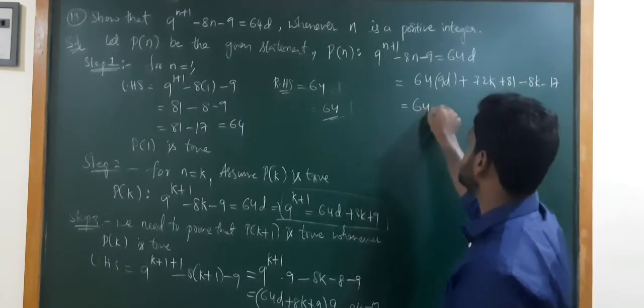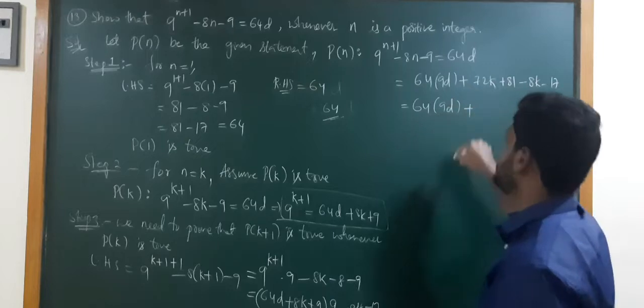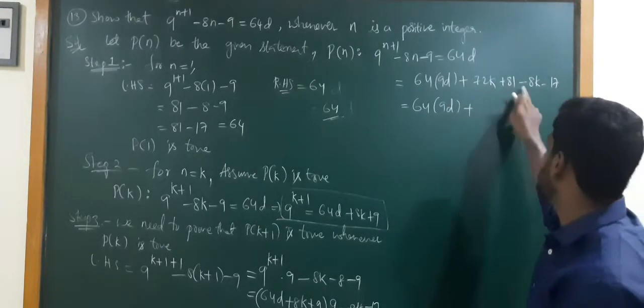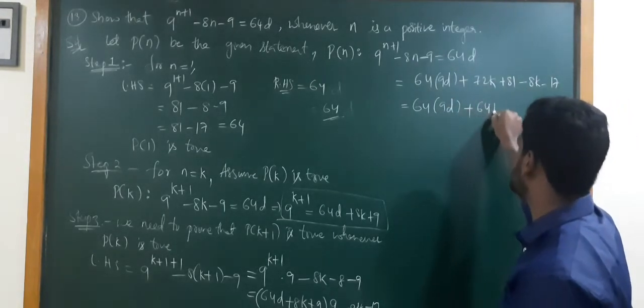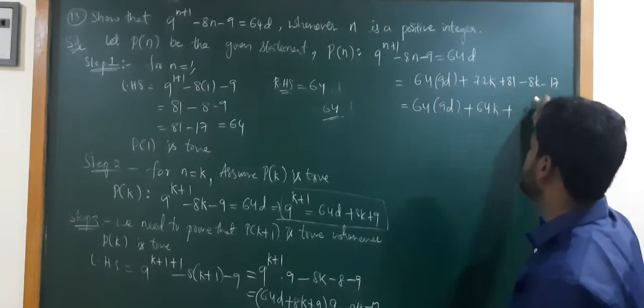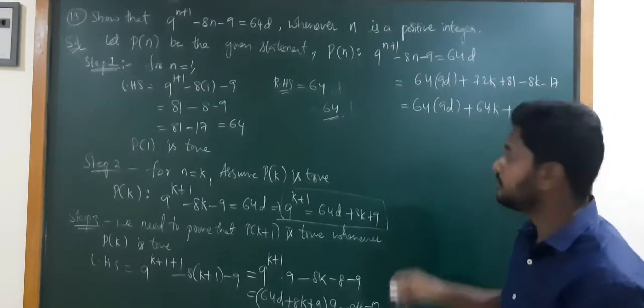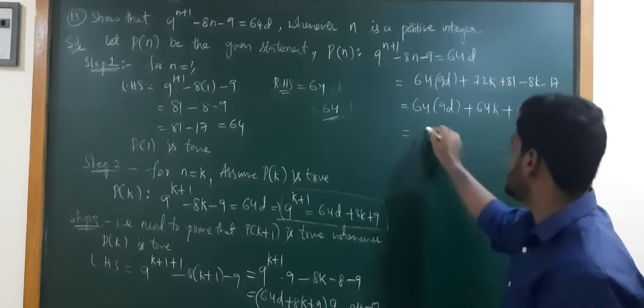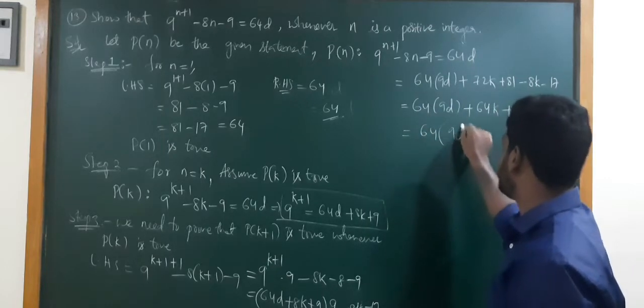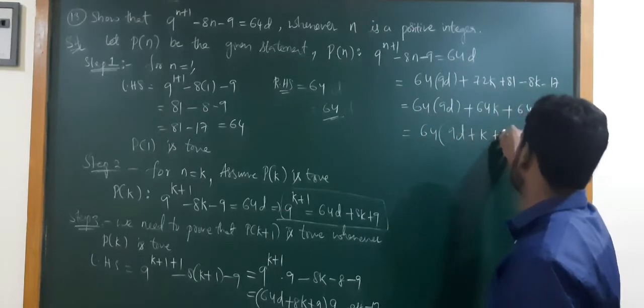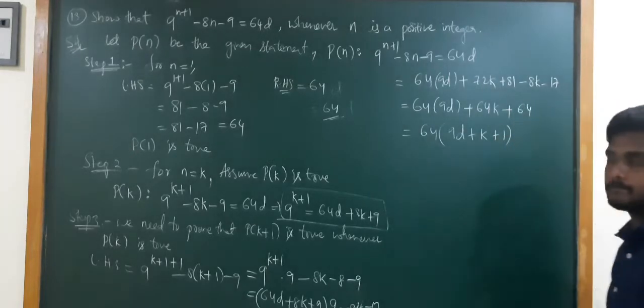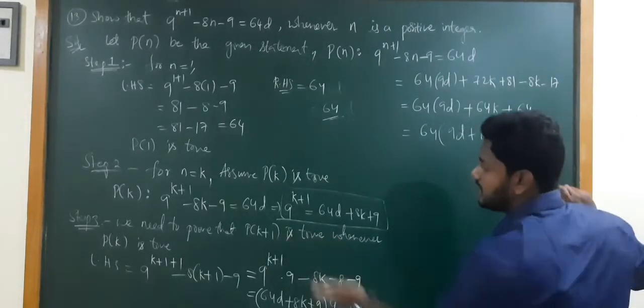So this will be equal to 64 into 9d plus 72k minus 8k, which is 64k, plus 81 minus 17, which is equal to 64. From these terms, if we take 64 common, it will be 9d plus k plus 1. Where k is also an integer.